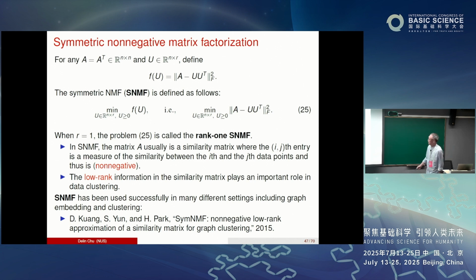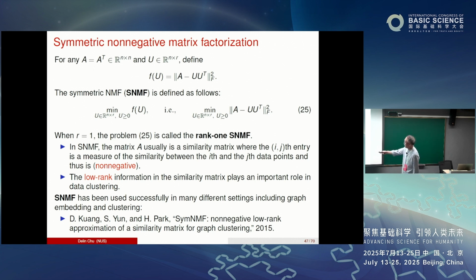As a result, the symmetric non-negative matrix factorization problem can be defined by minimization problem 25. We just minimize ||A - UU^T||_F^2 with the constraint that U is an m by r matrix and U is non-negative. When r equals 1, we call this the rank 1 symmetric non-negative matrix factorization problem.